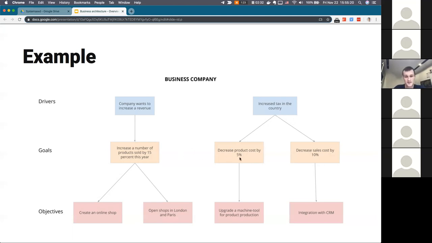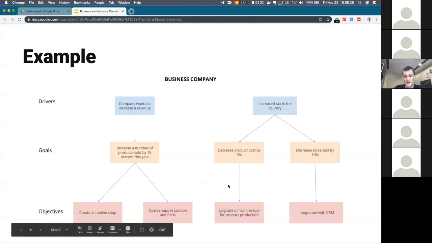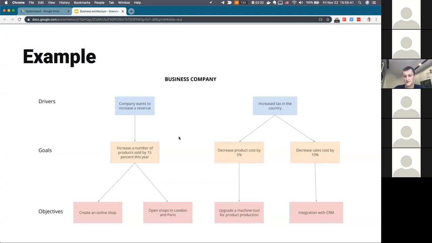As actionable points to achieve these goals, in the first case, it will be to upgrade the machine tool for product production. It's not related to IT. To decrease sales cost by 10%, it can be an integration with CRM. And this part also can be related.